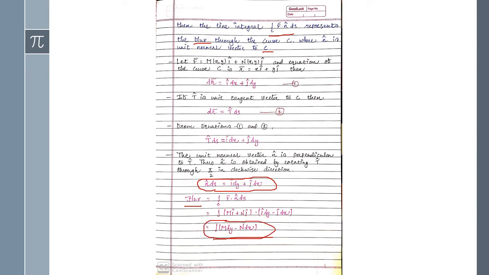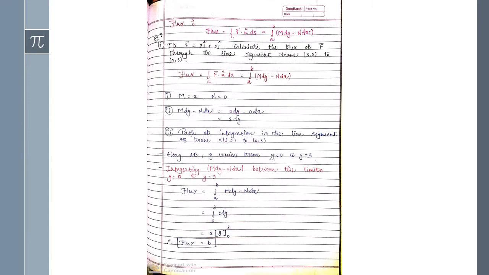Starting with the examples, first the formula: flux equals integration over C of F bar dot n cap ds equals integration from a to b of M dy minus N dx. So you have to find M dy minus N dx and the limits, the points a and b. It's almost like the line integral for work done.